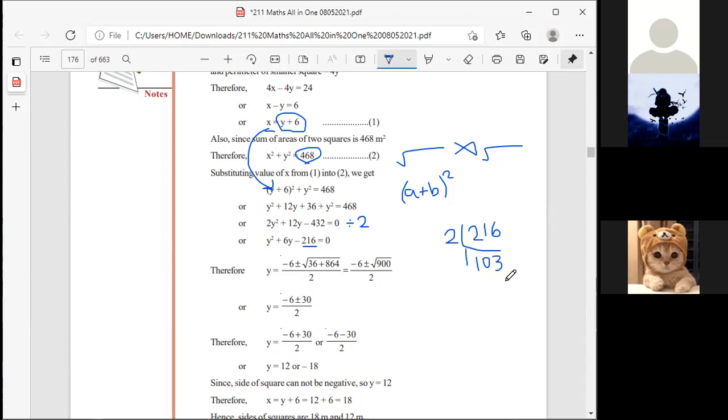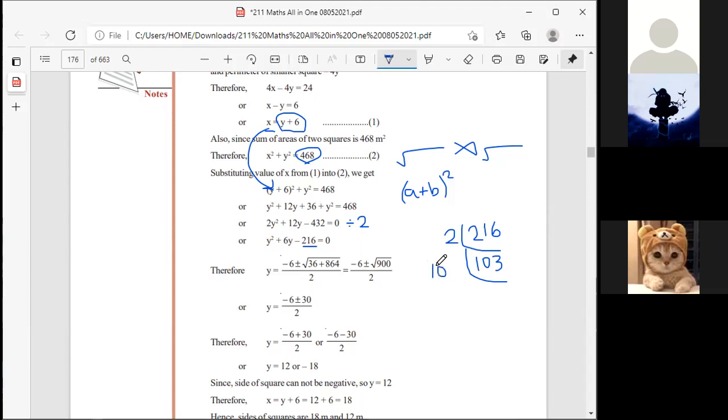Now 103, with what number can I divide? Tell me. Can I divide it? It's a prime number. Am I right? Yes, ma'am. So I am going to write 103 only here.